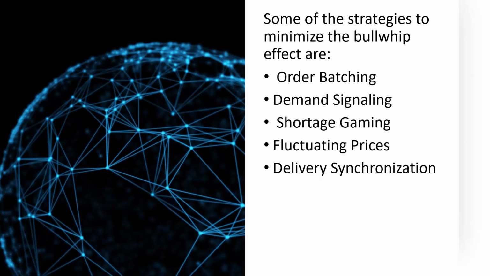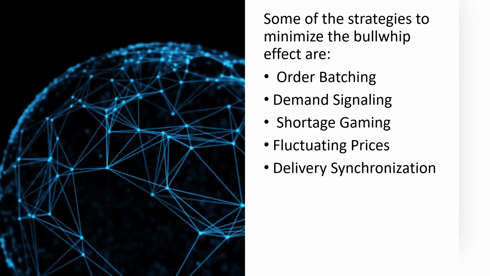What is more critical is that the upstream entity sees a reduction in the demand variance. You can reduce the bullwhip effect by demand signaling, that is, addressing lack of demand visibility. And this can be addressed by some technologies, including EDI and others.